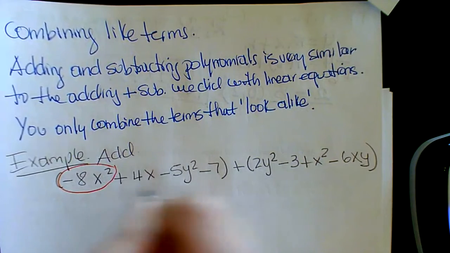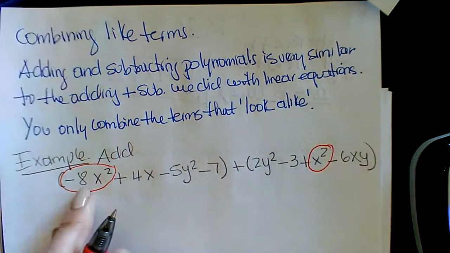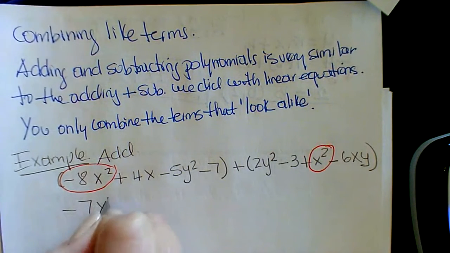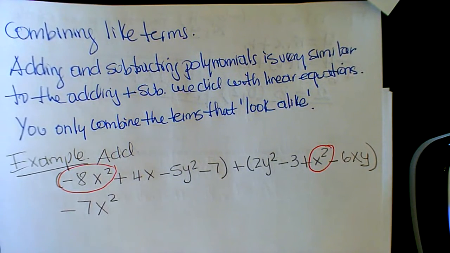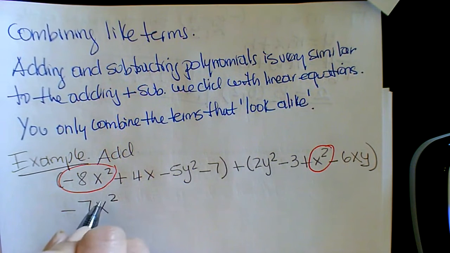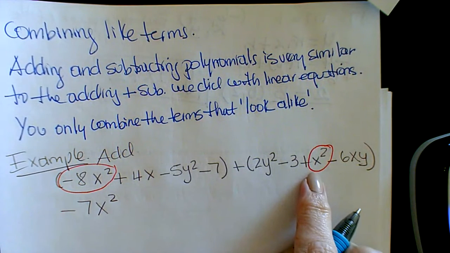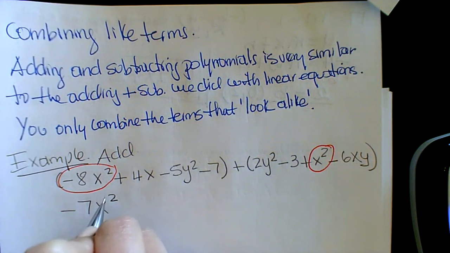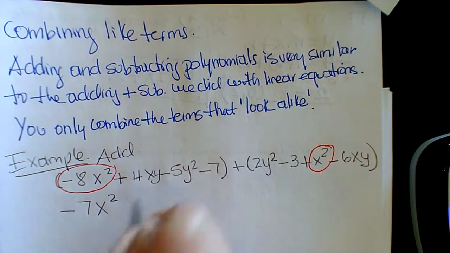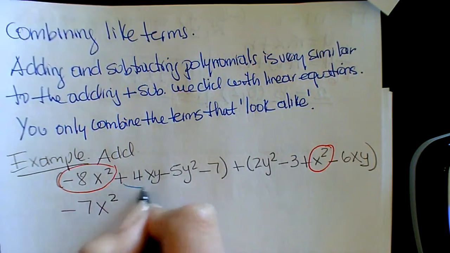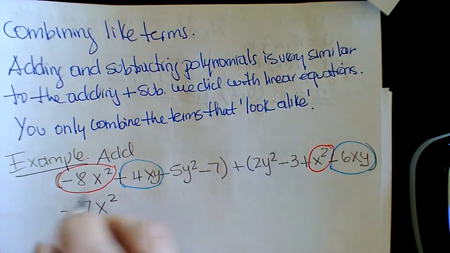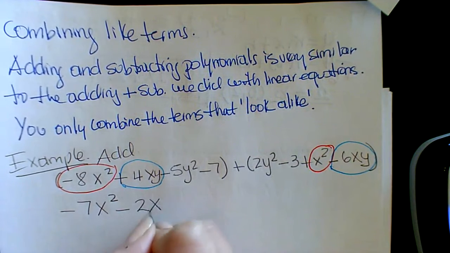negative x squared, and then I have negative 8 and I have plus 1. So it's going to be negative 7x squared. Now I have 4x, but I don't have an x over here. Or I do. Hold on. This is 4xy, sorry. So 4xy minus 6xy, that will give me a negative 2xy.